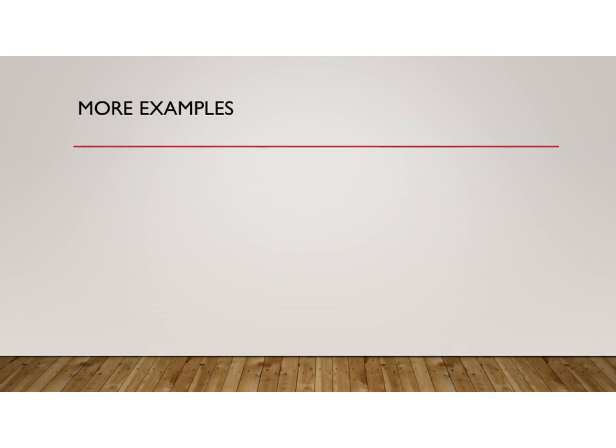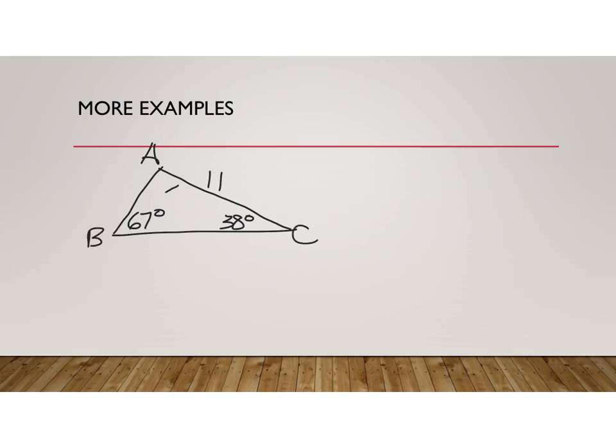Here's another example. Let's say I've got a triangle that looks like this. This is 67 degrees. This is 38 degrees. And this side's 11. And let's label this ABC. Alright, so here's my pair.